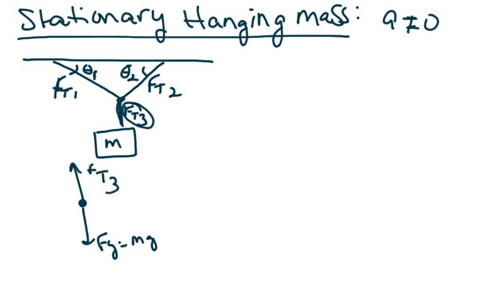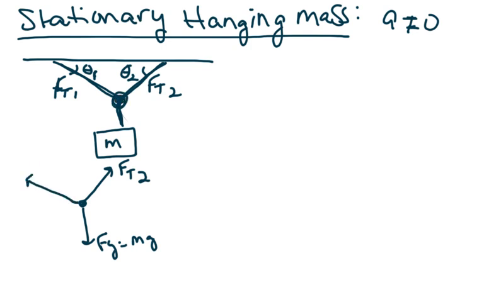I would then have to draw a separate diagram for these other two tension forces. And to make our lives easier, we just pretend that string's not here. We also, a lot of times, pretend that these strings are massless, which is not true. But if I pretend my mass is right here, then it makes my life a little easier, because then I just have the two tension forces that look like that, and the gravitational force pulling down.